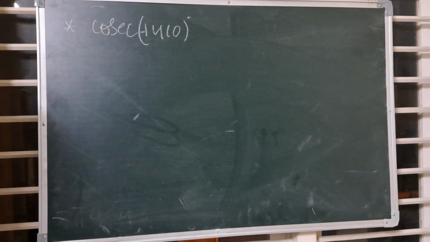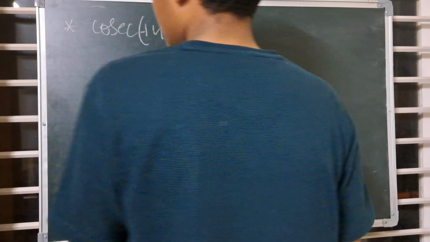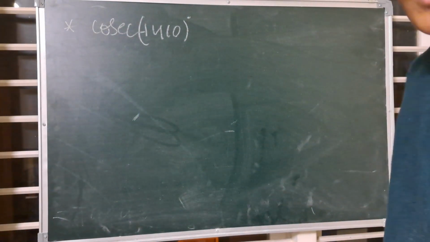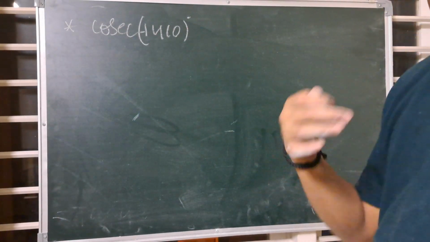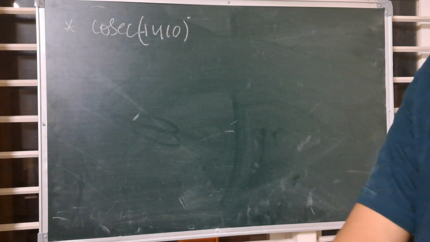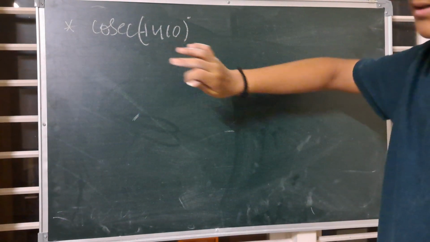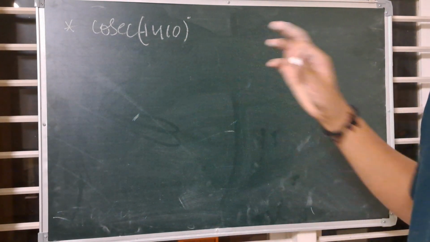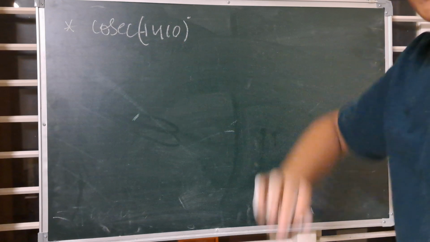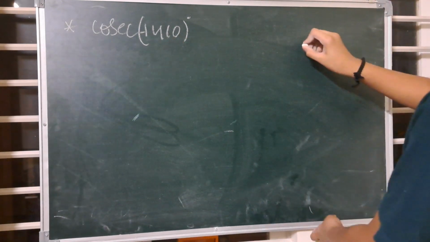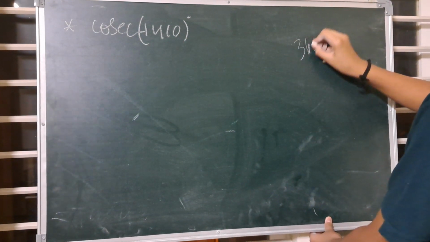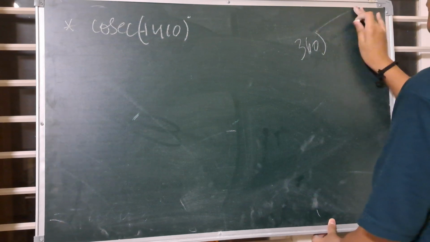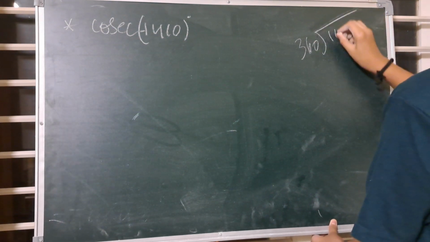In this type of question, if the theta is exceeding 360 degree, the first step is to divide it by 360. So here we will divide 1410 by 360.